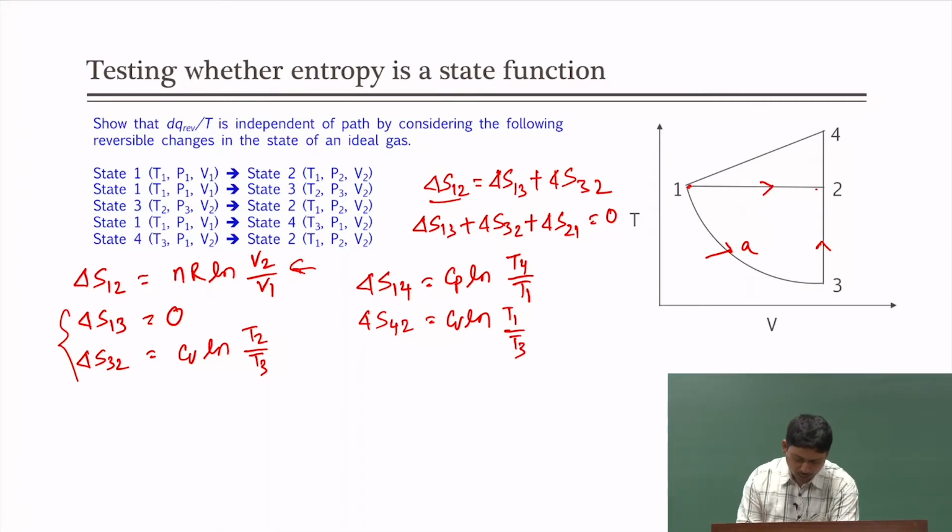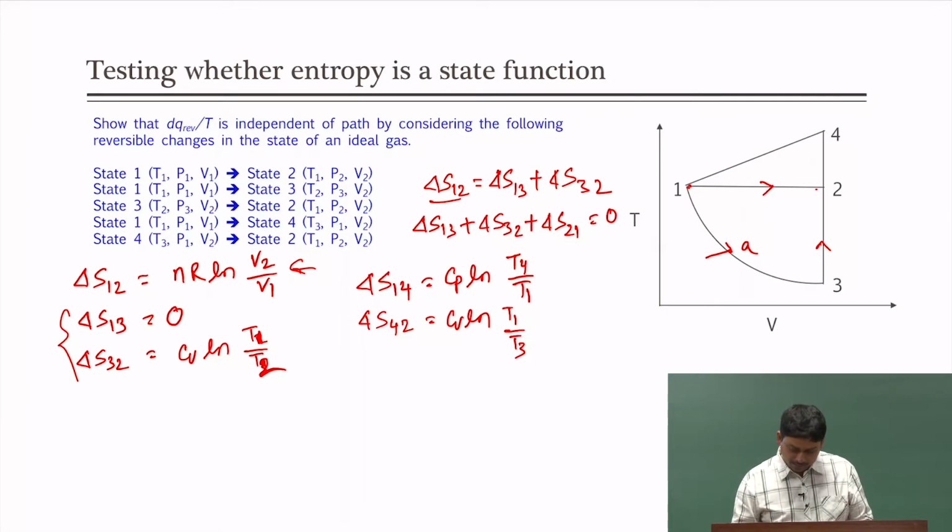For S12, volume is changing from V1 to V2, that is fine. For S32, temperature is going from T2 to T1, so T1 by T2 it will be.